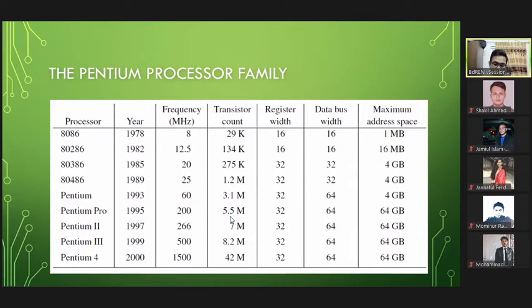Let's say, for example, you have a 32-bit address. If your processor cannot read 32 bits at the same time, there is no point in having a 32-bit address bus. So your processor should be able to read that 32 bits as well. Only then can you have good functionality. Otherwise, you have some other issues. So a processor that can process 32 bits at the same time is a 32-bit processor. A processor that can process, receive or transfer 64 bits at a time is a 64-bit processor.